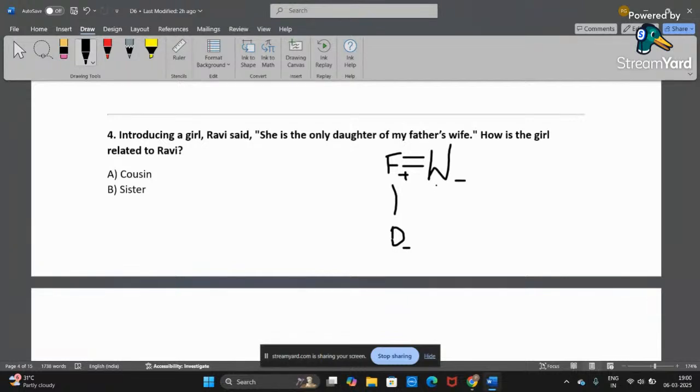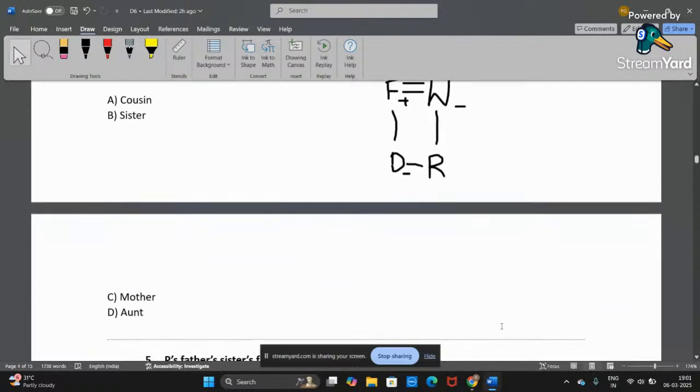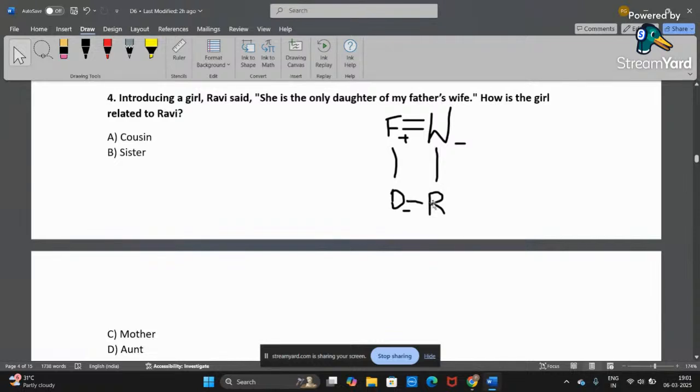So she is the daughter. Then Ravi is also a son. So now they are related as siblings. How is the girl related to Ravi? She is sister, right? This symbol indicates the sibling relationship. Ravi is a boy, so we indicate with plus. So your answer is sister. Move on to the next.